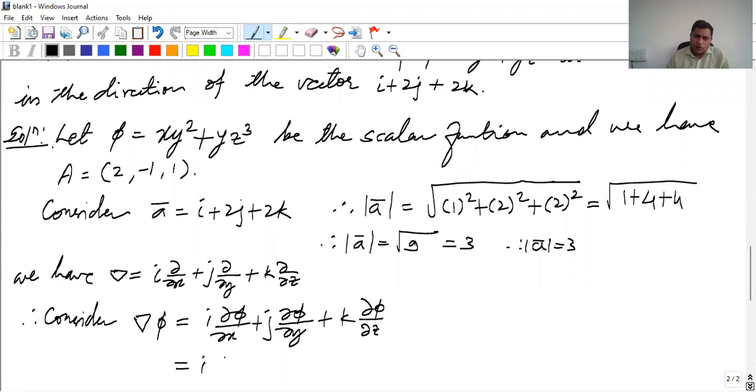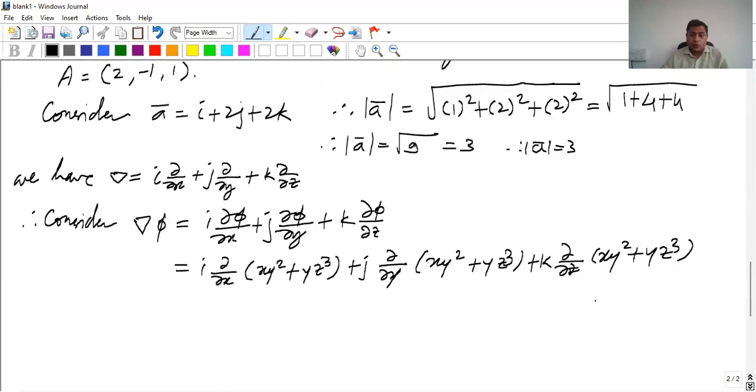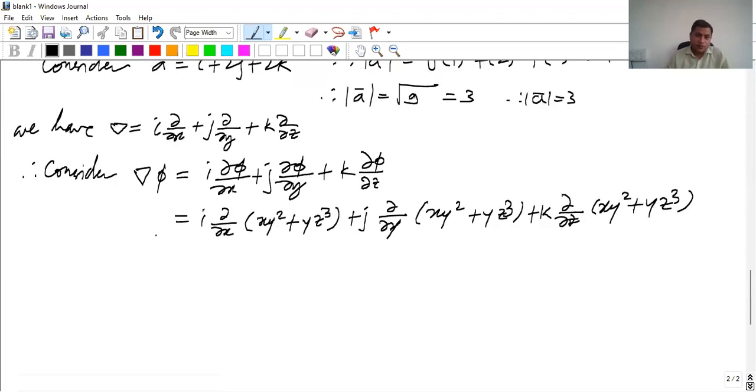So this is i del by del x of xy square plus yz cube plus j del by del y of xy square plus yz cube plus k del by del z of xy square plus yz cube.